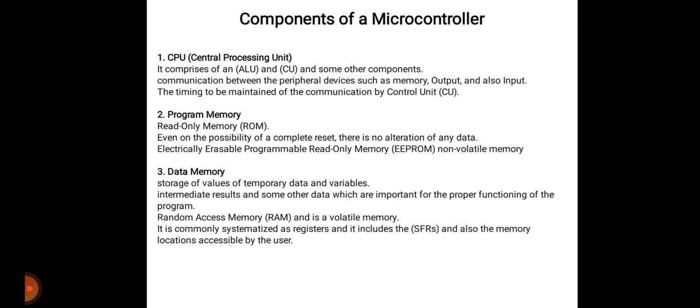So there are stored records of the functions and implementation of the various actions of the device control. Even in the case of a complete reset, there is no alteration of any data in this unit.